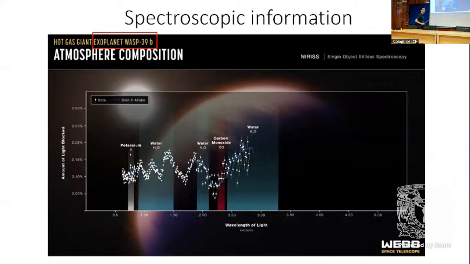Sometimes they plot it against the wavenumber, it's the same thing. And you see there are peaks that they attribute to, for example, water. So 1, 2, 3, and they come from different vibrations of the molecule. So when you have something like that, this is a very good signature of the molecule there.